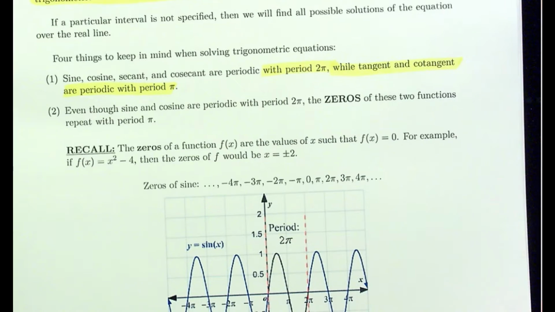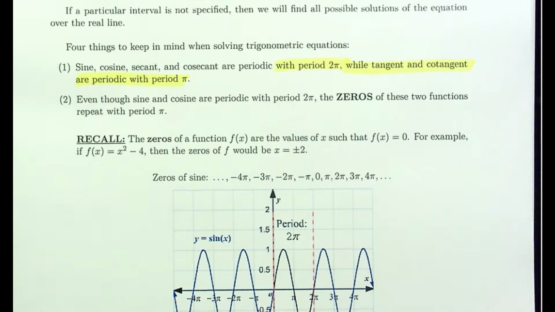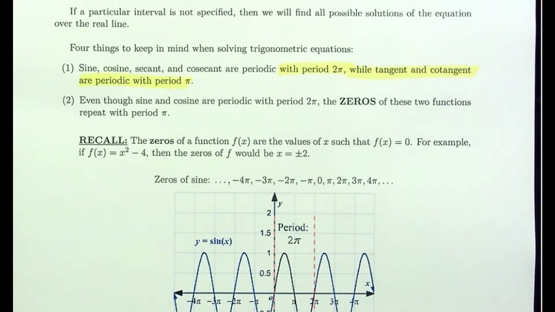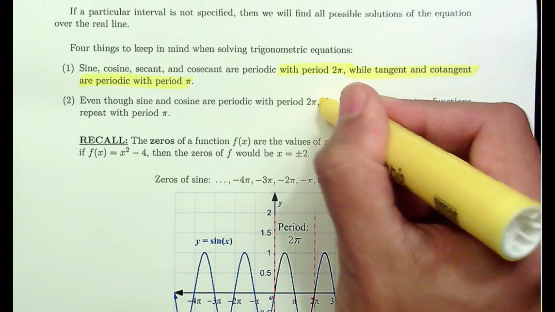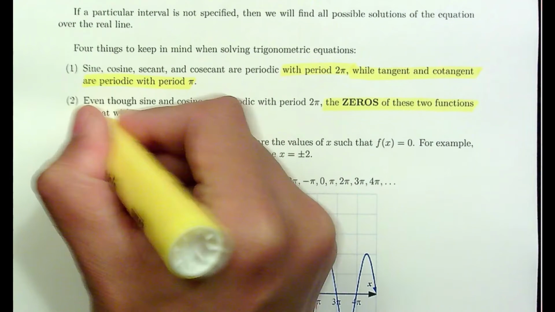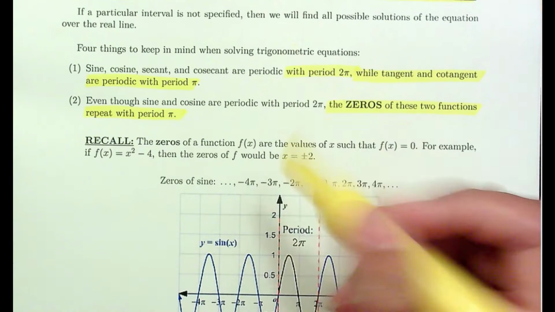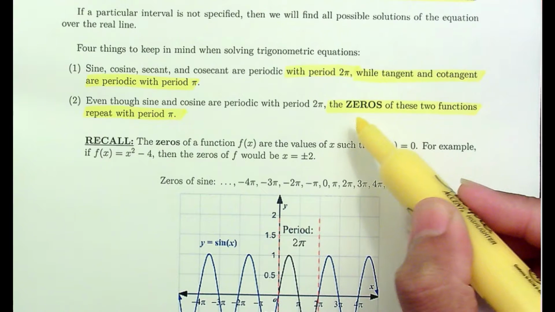Okay, the next thing you need to keep in mind is that even though sine and cosine are periodic with period 2 pi, the zeros of these 2 functions actually repeat more often than 2 pi. Namely, they repeat with period pi. Remember, first of all, what the zeros of a function are.